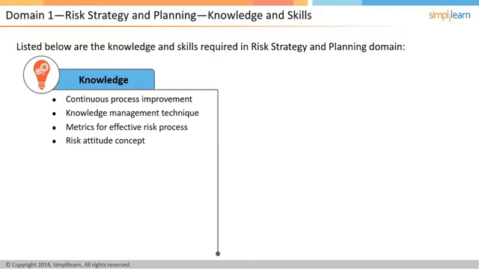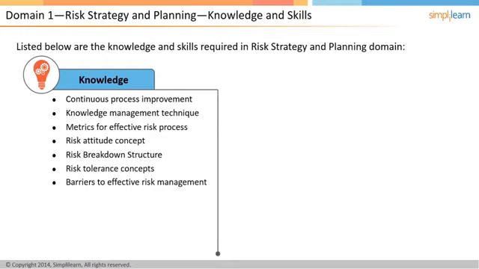The other knowledge required includes breaking down the higher-level risk into smaller components, also called the risk breakdown structure, understanding how to apply risk tolerance concepts, and identifying barriers to effective risk management.